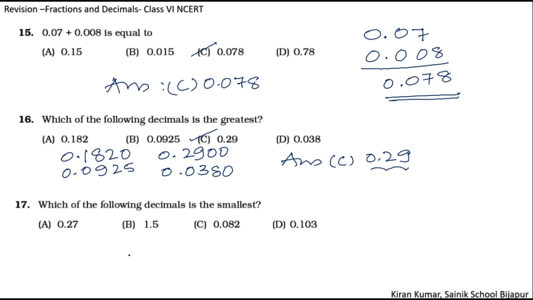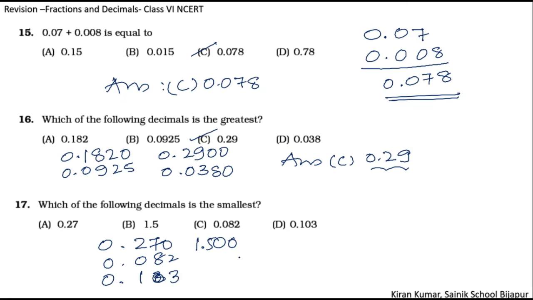Seventeenth one, which of the following decimals is the smallest? Here again we need to write them as like decimals. There are 3 maximum decimal places, so 0.270, 0.082, 1.030 and 1.500.